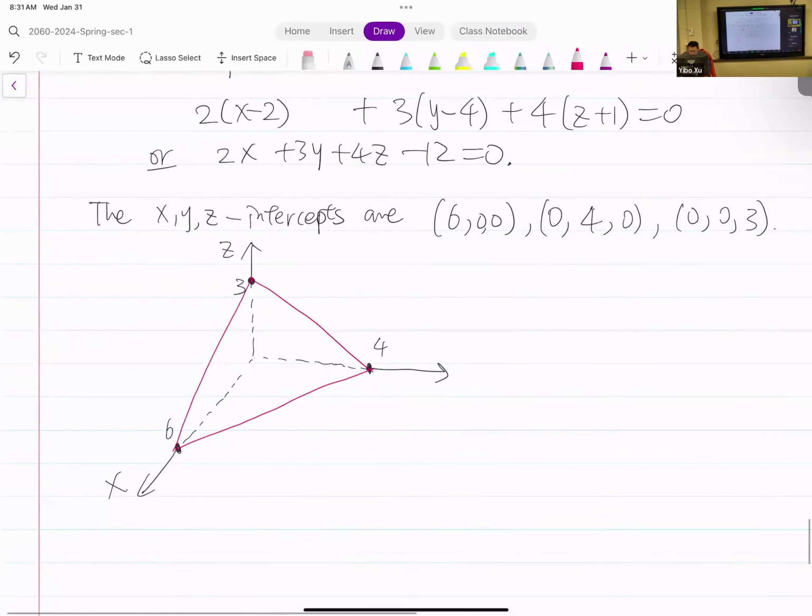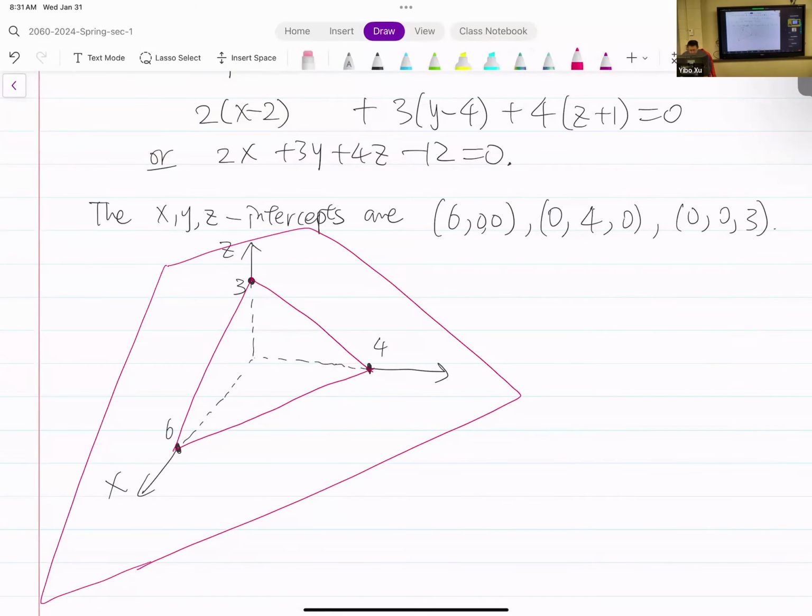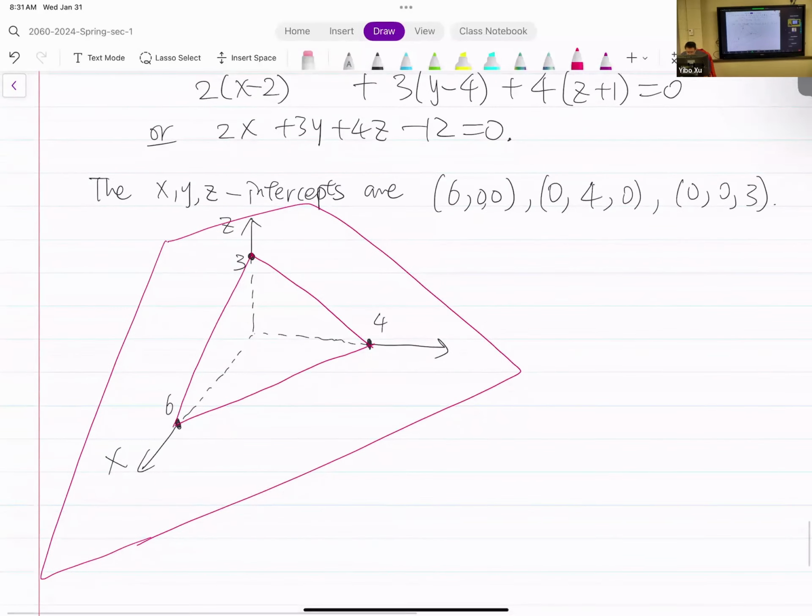Now the plane will certainly contain this entire triangle, and possibly it will be something like this. So this is the plane that you have. It is going through the red triangle, going behind these axes.